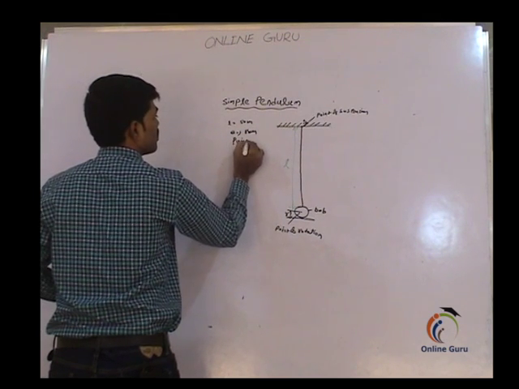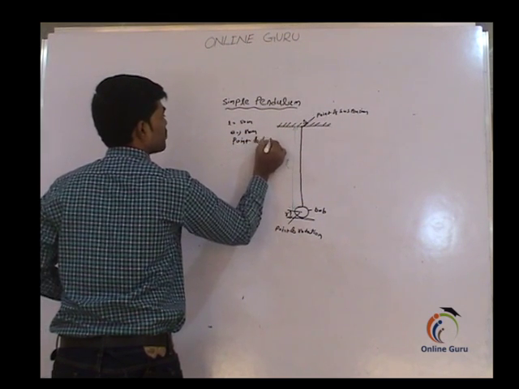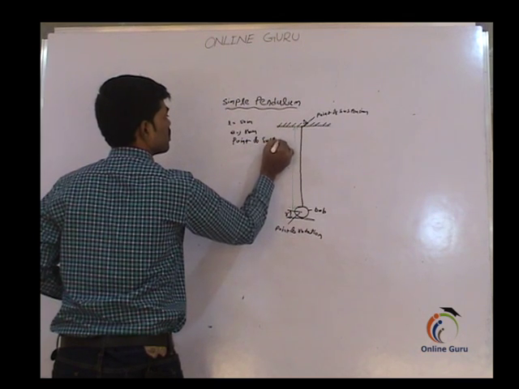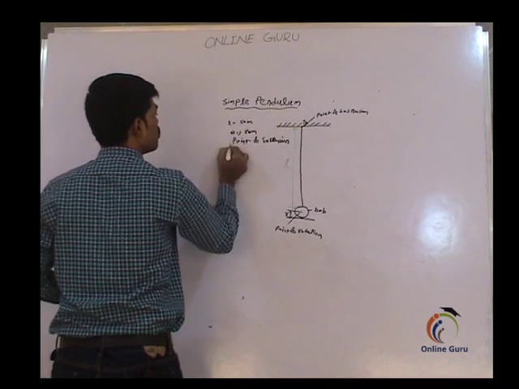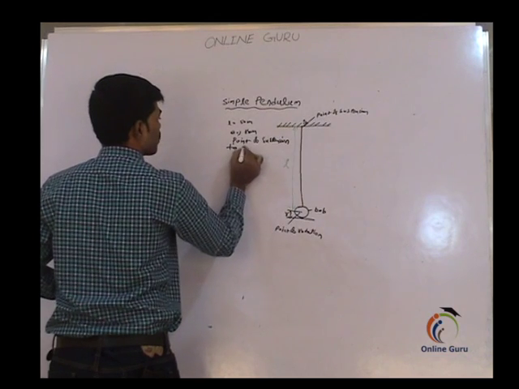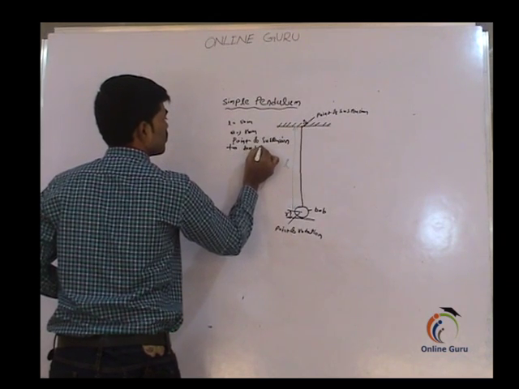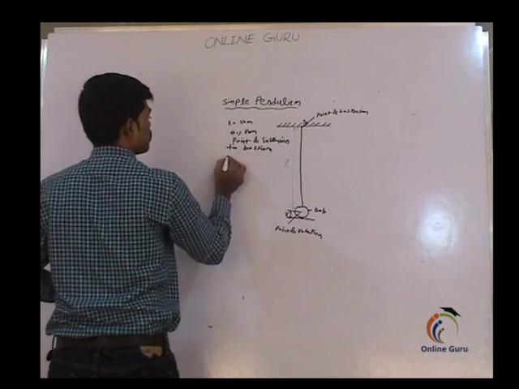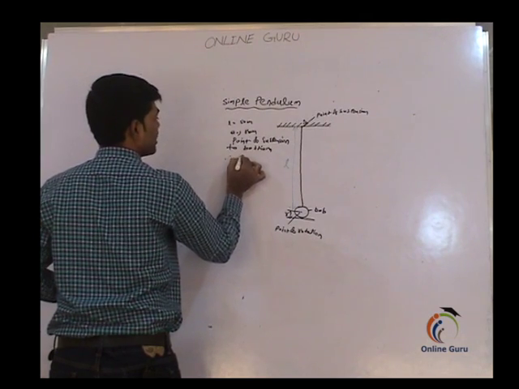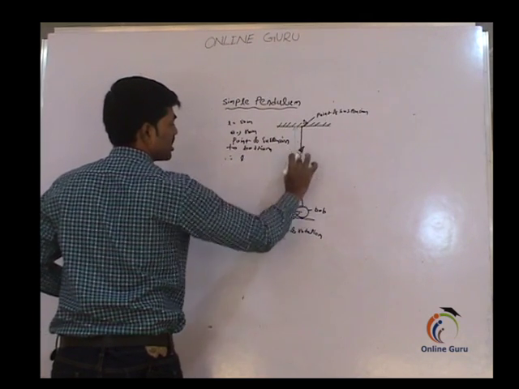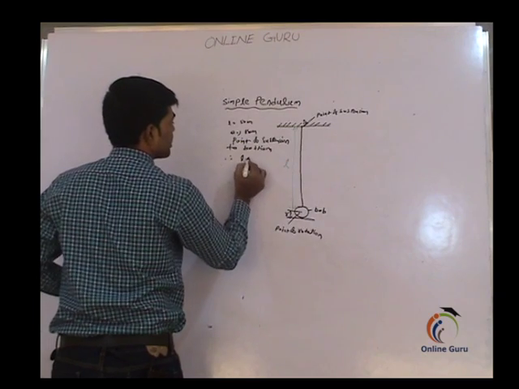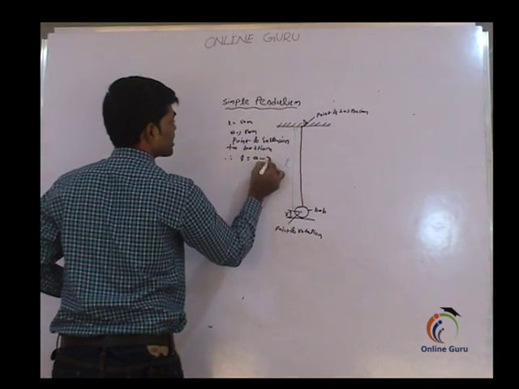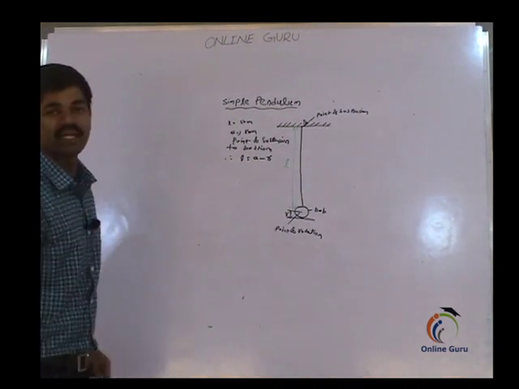From the point of suspension to the bottom. Therefore, L automatically becomes A minus R, where R is the radius.